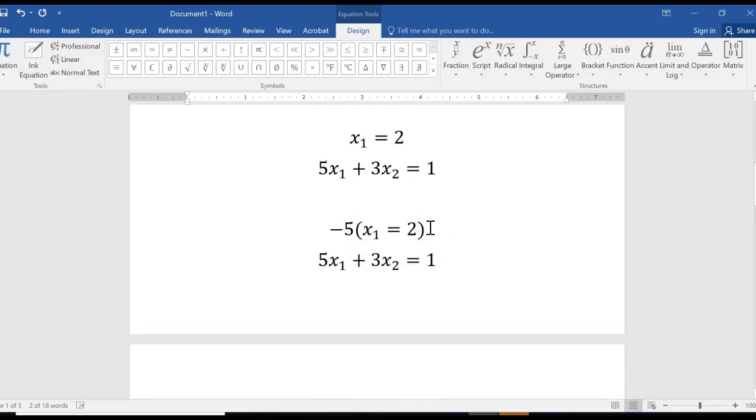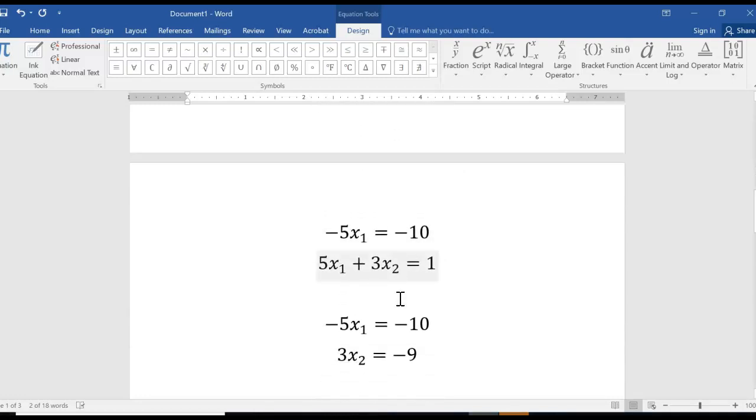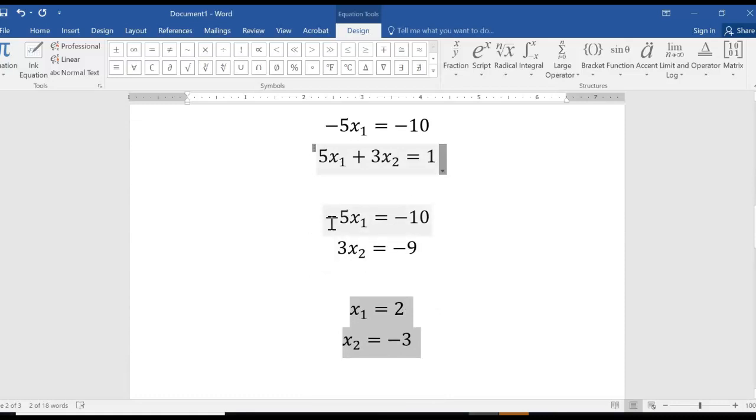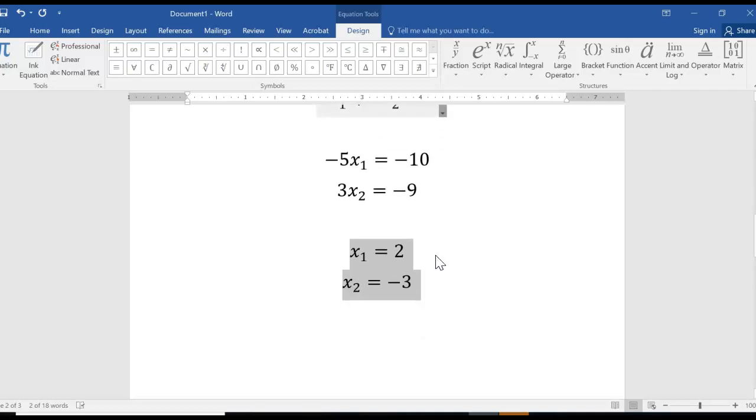Multiplying by a constant number. Adding the two equations together. The multiplying and dividing, same deal. You could either divide by -5 or multiply times -1/5. Divide by 3, multiply times 1/3. So it's that same trick over and over again.